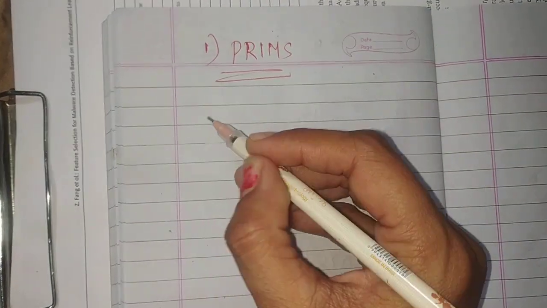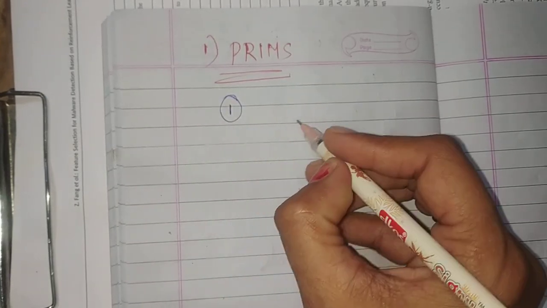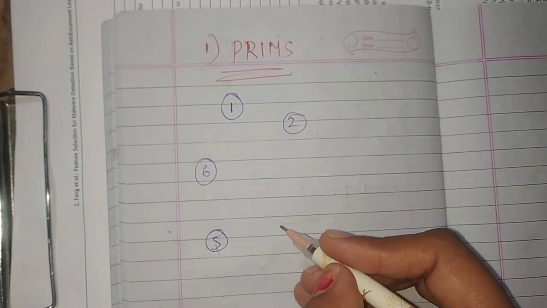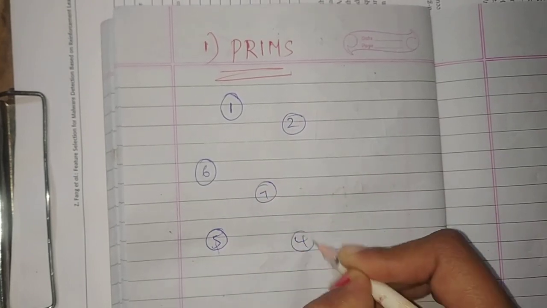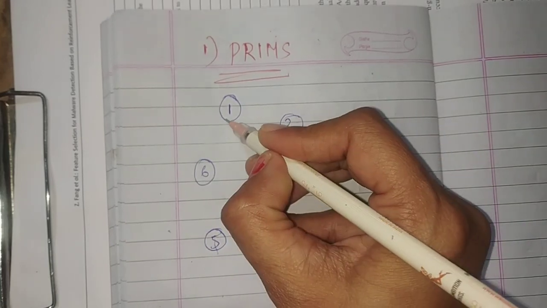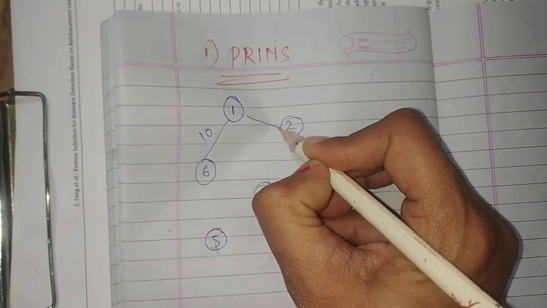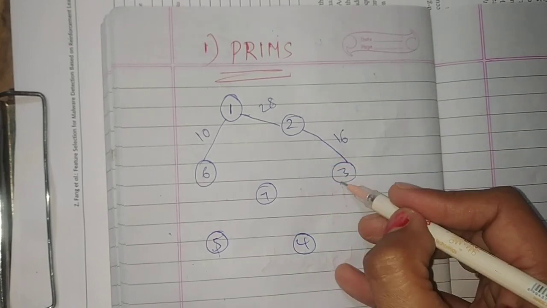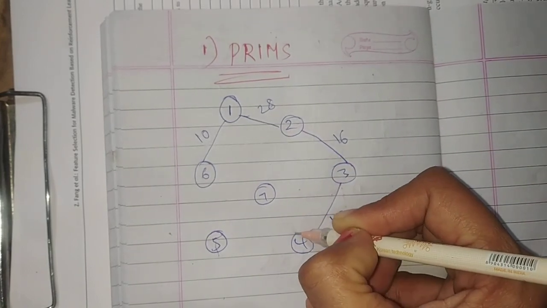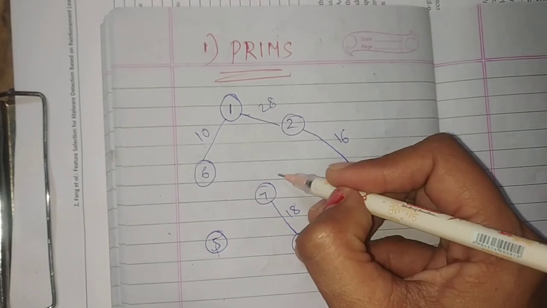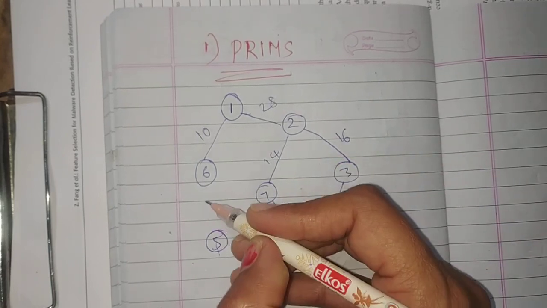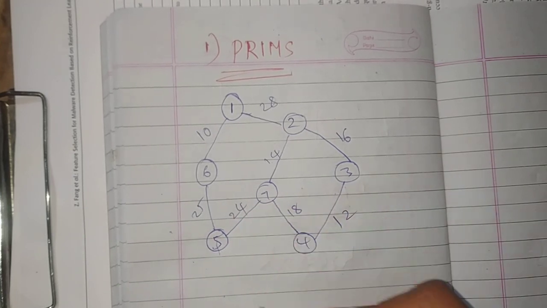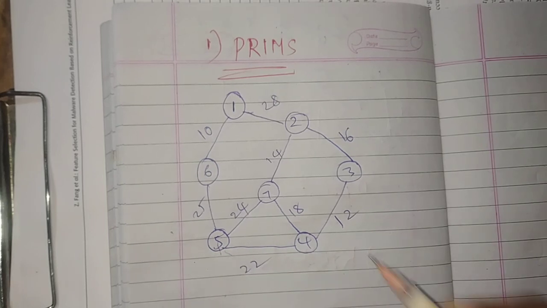The example is 1, 2, with costs. 1 to 6 is 10 edge cost and 28. 1 to 2 and 2 to 3 is 16, and 3 to 4 is 12, 4 to 7 is 18, and 7 to 2 is 14, and 6 to 5 is 25, and 5 to 7 is 24, and 5 to 4 is 22.